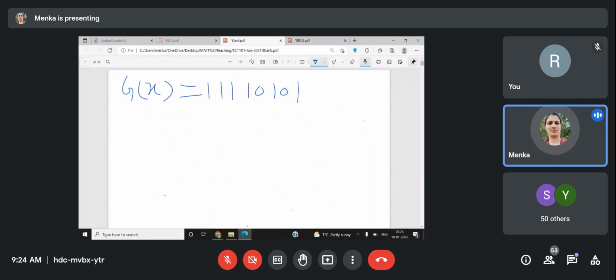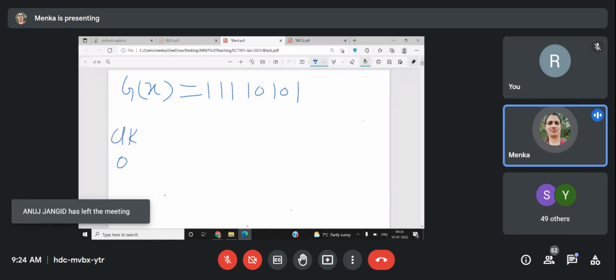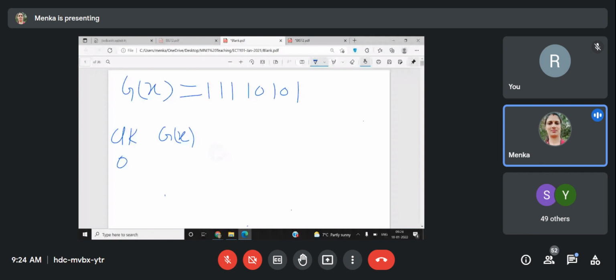So when you are taking the time or the clock cycle 0, in gx you have to invert this because MSB will be taken first. So 1 1 1 1 0 1 0 1. Now your polynomial is like this: px is equal to 1 plus x square plus x raised to power 4 plus x raised to power 5.